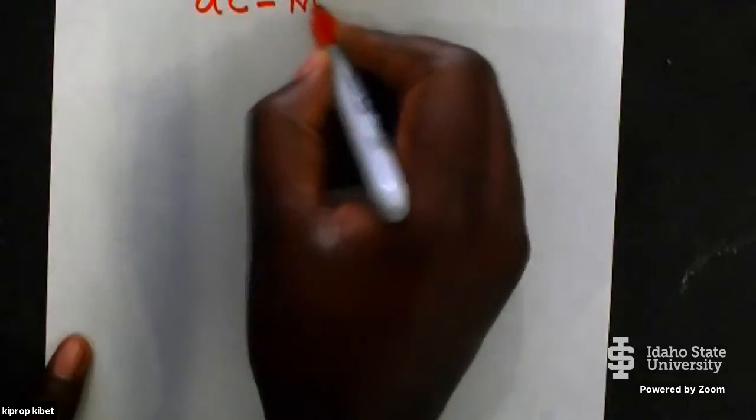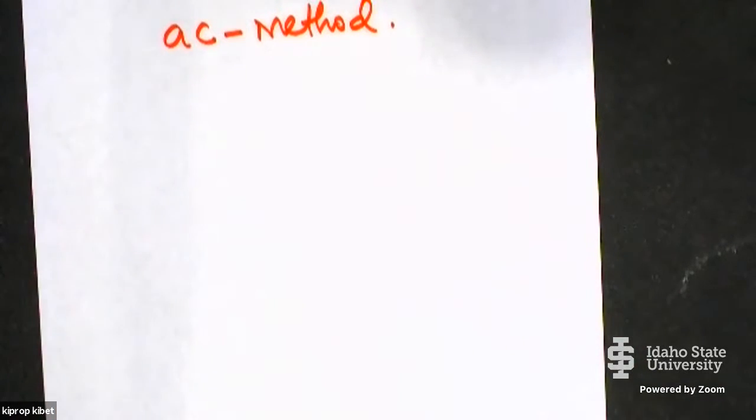Now, question number 4: use the AC method to factor 6x squared plus 5x minus 14. So what did we say about the AC method, if you still remember?